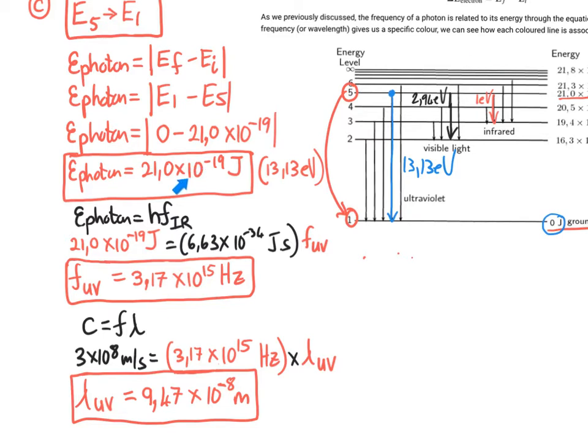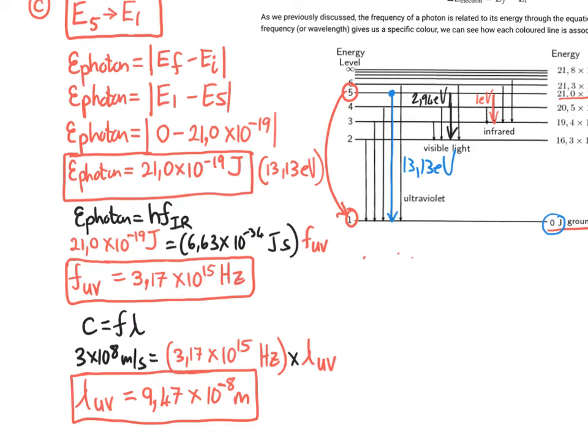Substituting 21 times 10 to the minus 19 joules into this equation and solving for the frequency of the electromagnetic radiation, which we know is going to be ultraviolet light because it's falling into this series here of transitions, then we find that the frequency of UV is 3,17 times 10 to the 15 hertz.